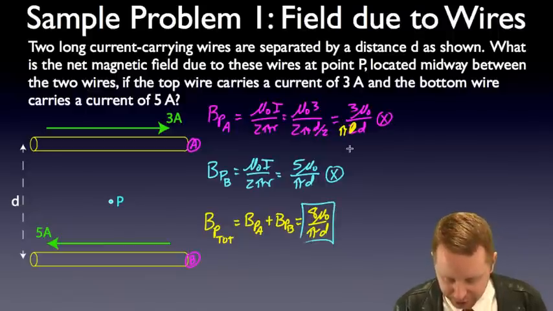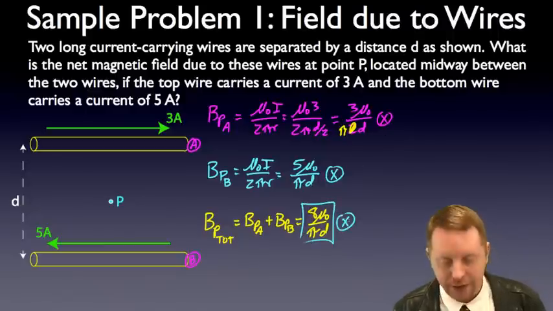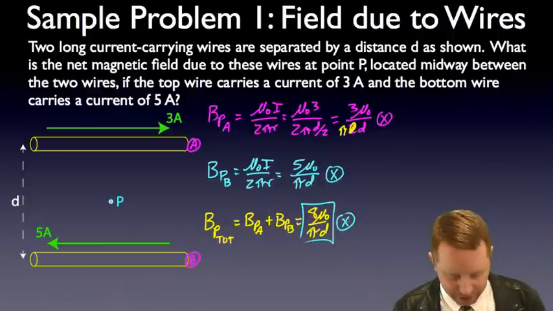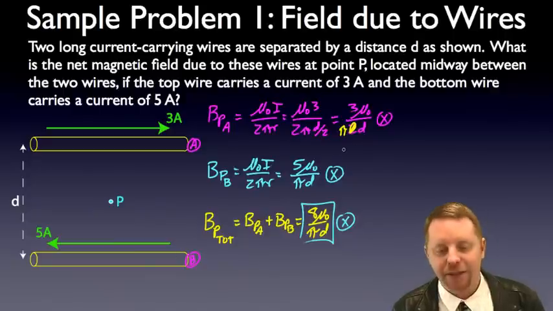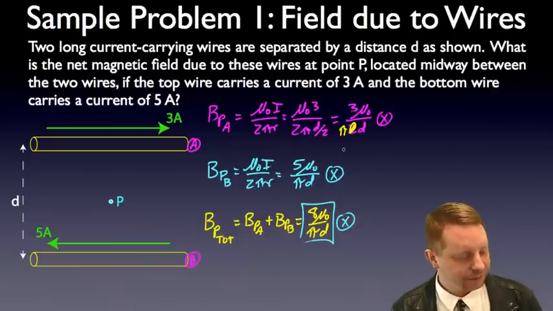And the direction, if they are both into the page, the total must be into the page. If they were in opposite directions, we'd have to subtract and take the net there.